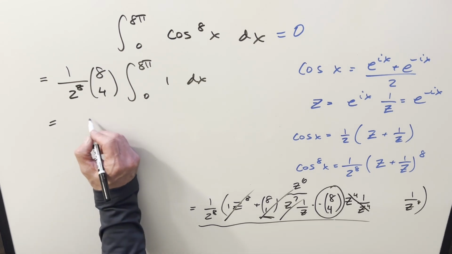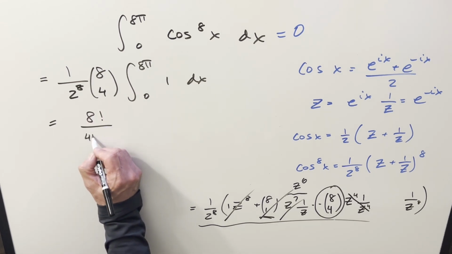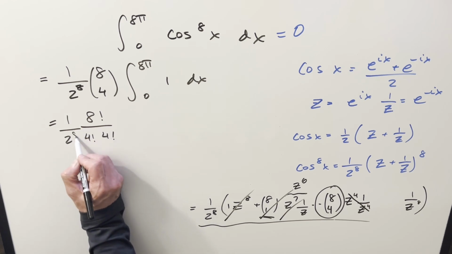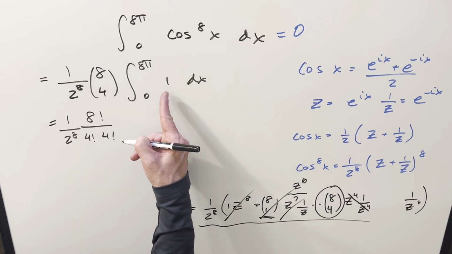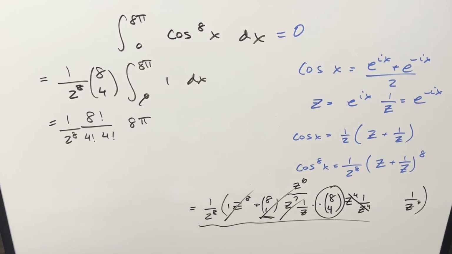Do this out, what you have is the same thing as 8 factorial over 4 factorial times 4 factorial, times 1 over 2 to the 8. When you integrate this, you get x, the 0 is nothing, you're just going to get an 8 pi here.